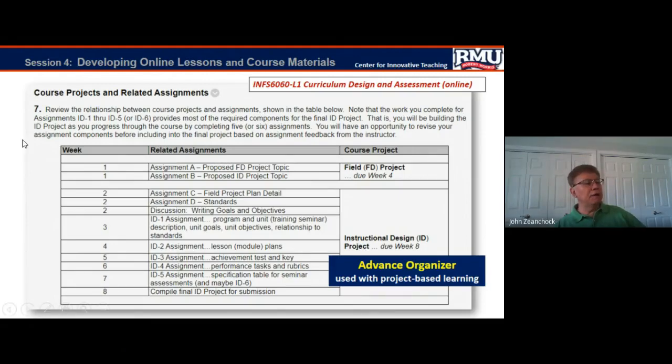And I give them an advanced organizer showing which assignments are due which weeks, and what components of those are going to go into either the first project or the second. So week 1, they're going to do 2 assignments for me, and that is going to lay the groundwork for the shorter project that's due week 4. And then weeks 2 through 7, the components from there are going to lead to their final project that's due week 8.